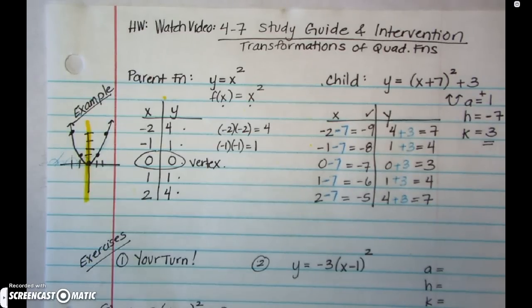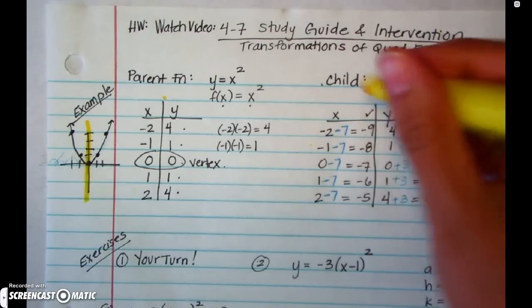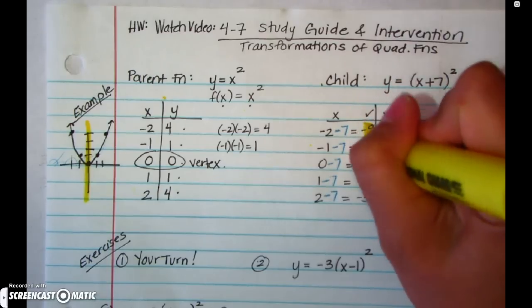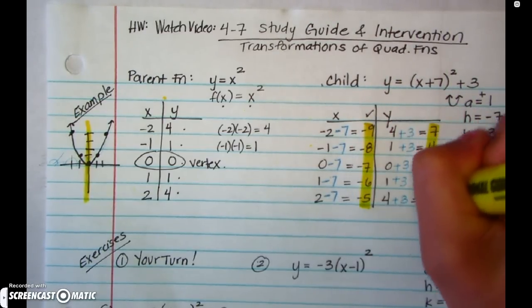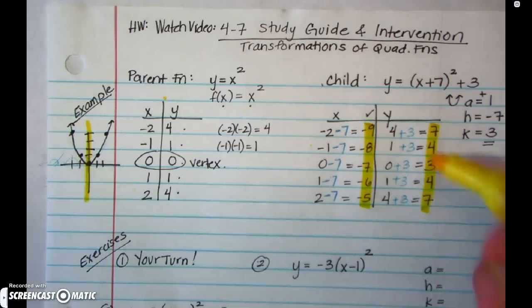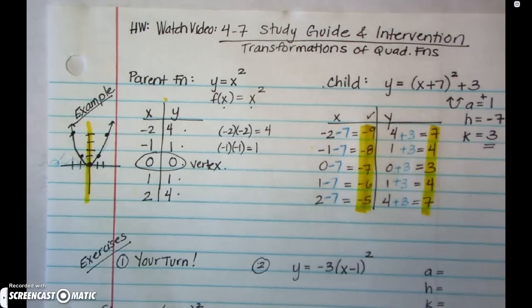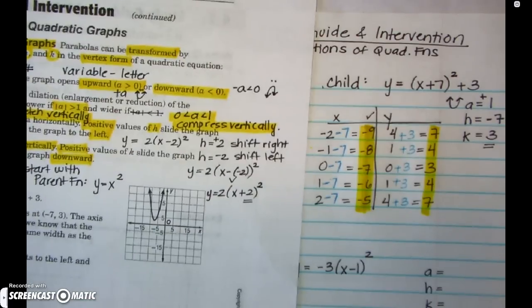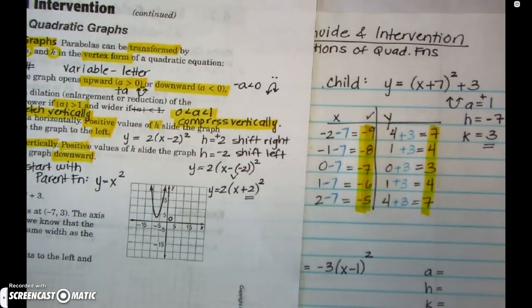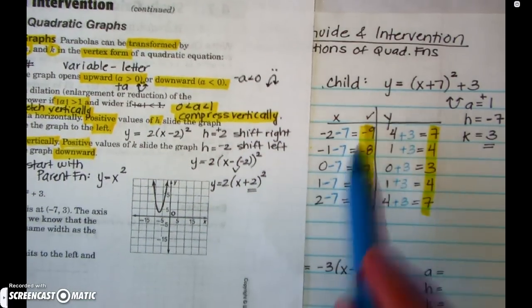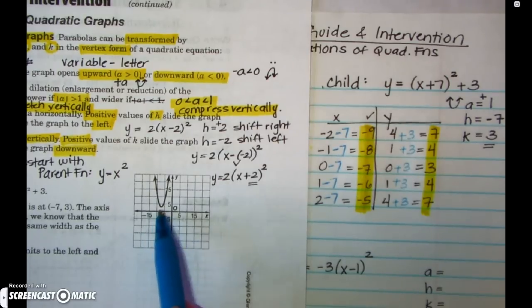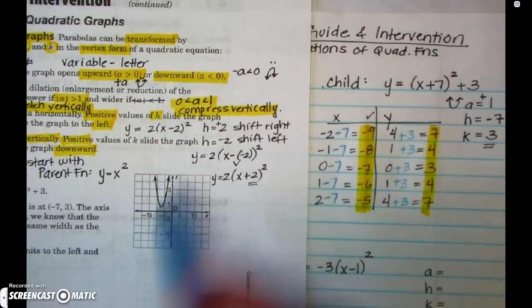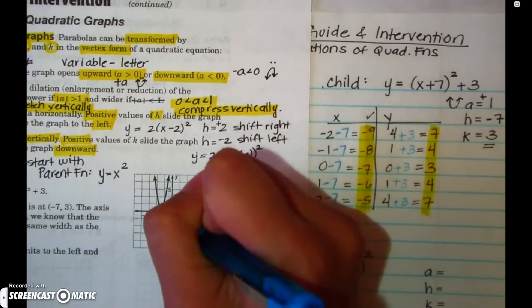So the table of values for your child is actually (-9, 7), (-8, 4), (-7, 3), (-6, 4), and (-5, 7). If you look at your graph on your sheet of paper, that's exactly where those points are. It's shifted to -9 over here, and up to 7.